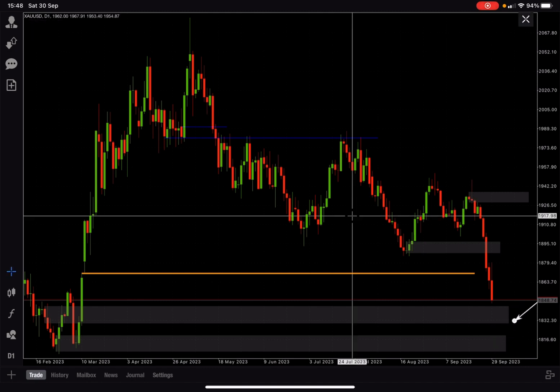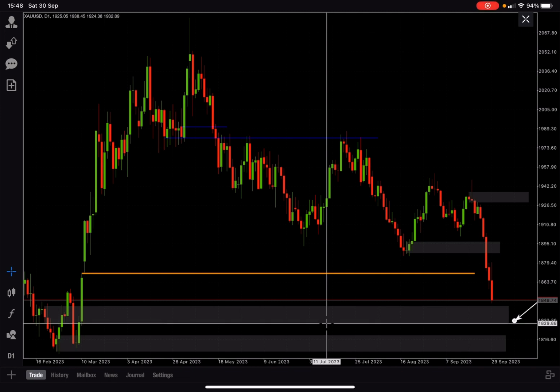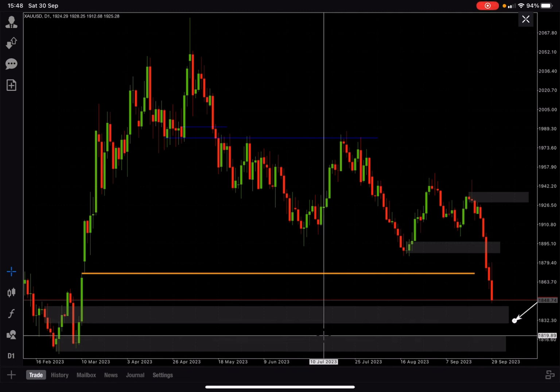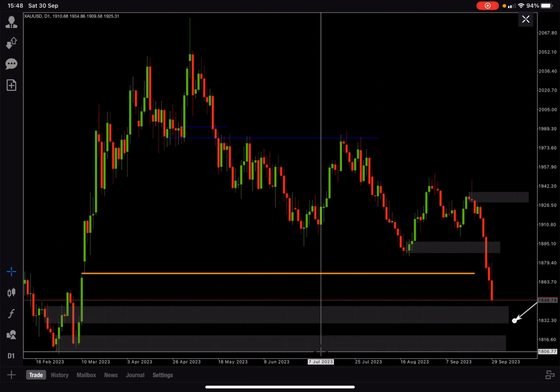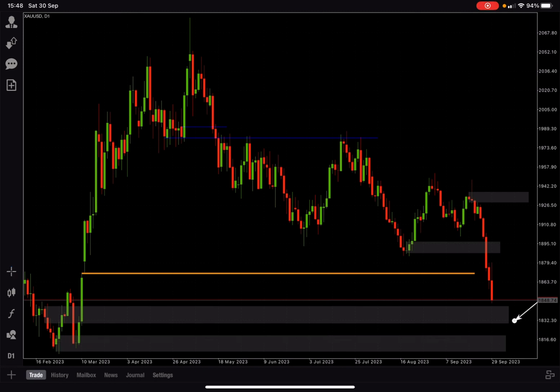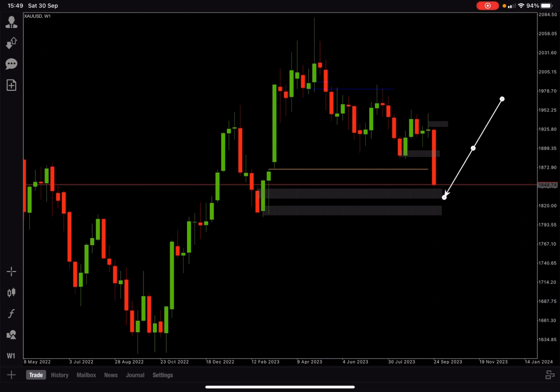So the levels where those areas are: the top one is between 1845 and 1829, and then the lowest is between 1819 and 1806. So they're the areas I would be looking for a reversal, and that is also a bullish FU level on the weekly time frame.